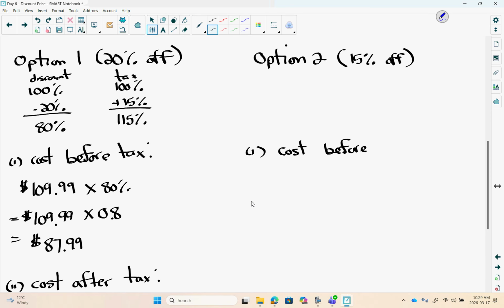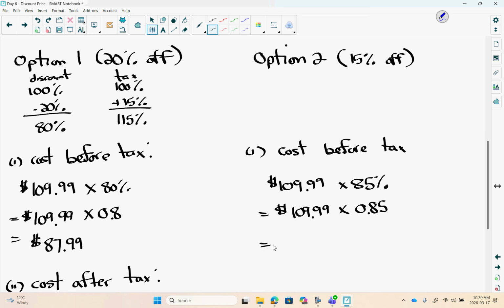So I would go 109.99 times 0.85 or times 85%. 109.99 times 85%. It's going to equal 109.99 times 0.85. Change it to a decimal. And that gives me $93.49.